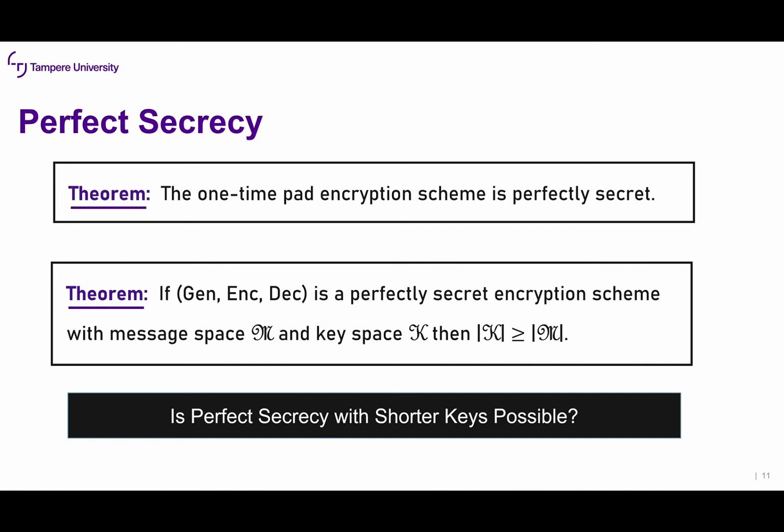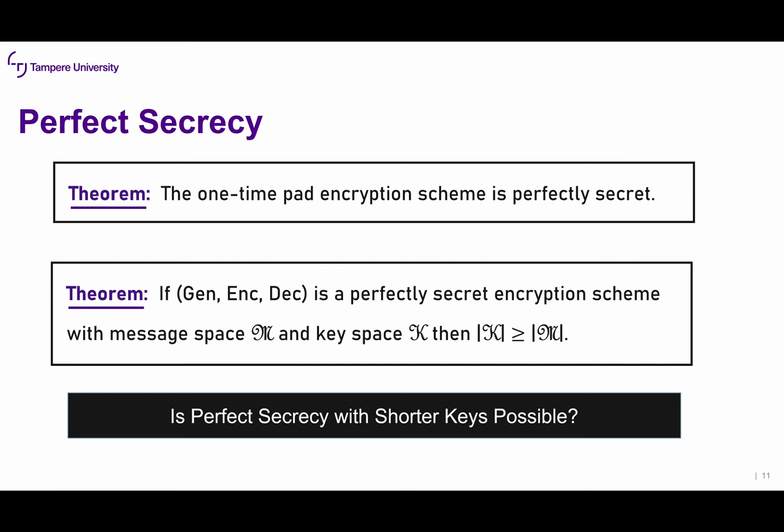And another theorem says that if the tuple of algorithms Gen, Enc, and Dec is a perfectly secret encryption scheme with message space M and key space K, then the size of the key space K needs to be greater than or equal to the size of the message space M. Okay, this is really important because if you consider that at some point you will wish to encrypt a word that has the largest length, which means that it takes all the possible characters from the message space M, then you will have to have a key K that has at least the same length.